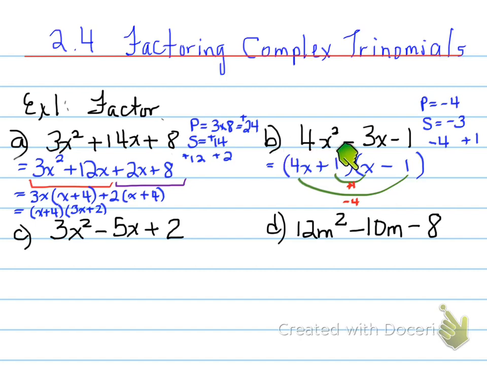We can check by multiplying. 4x times x is 4x squared, 4x times -1, and x times +1. When we add that together, it gives us -3x. That's our OI. And our last numbers, +1 and -1, give us -1 over here. So again, we're using OI to do this.